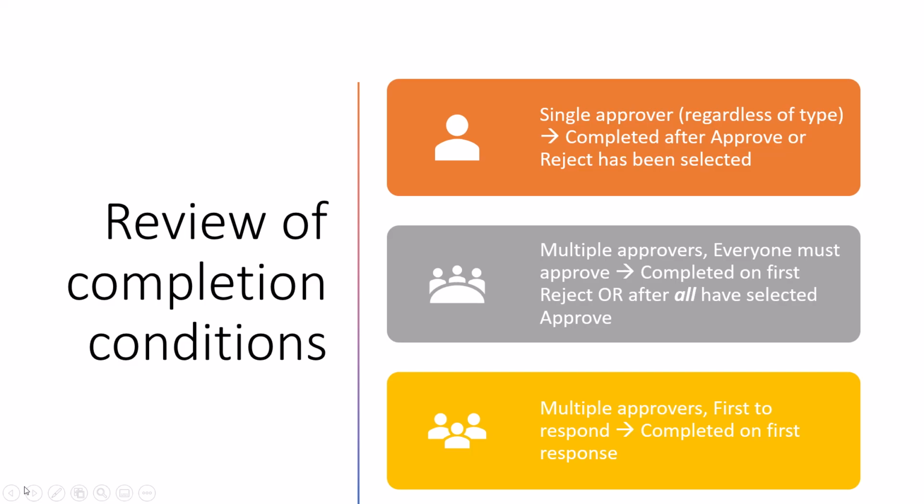If you select everyone must approve, then the approval will complete whenever the first person says reject, because once someone says reject, then everyone hasn't approved. So if you've got 5 approvers and the first person that gets it says no, it's rejected. The other 4 people may not have even seen the email yet, may not even know that the request came in. So it's important to understand that once that one person says reject, it's done.